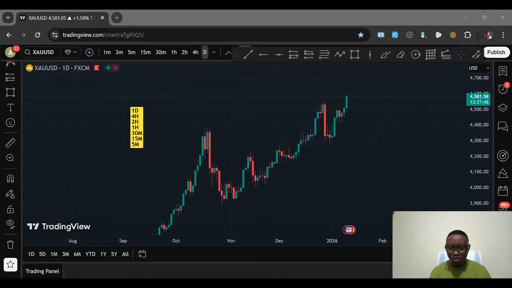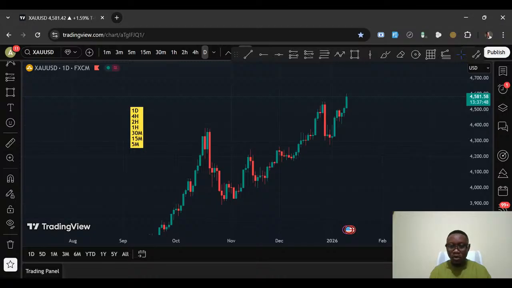So we head to the daily time frame. On the daily time frame, what are we looking out for? Structure first, as earlier said. We want to understand the overall trend of the market, right?